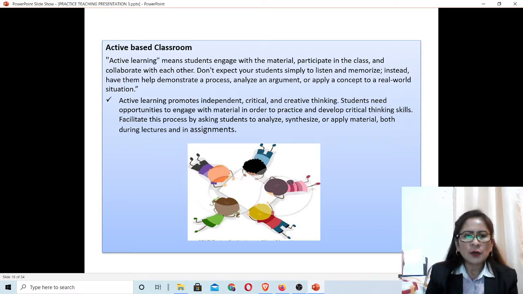Active learning promotes independent, critical, and creative thinking. Students need opportunities to engage with materials in order to practice and develop critical thinking skills. Facilitate this process by asking students to analyze, synthesize, or apply materials both during lectures and in assignments.